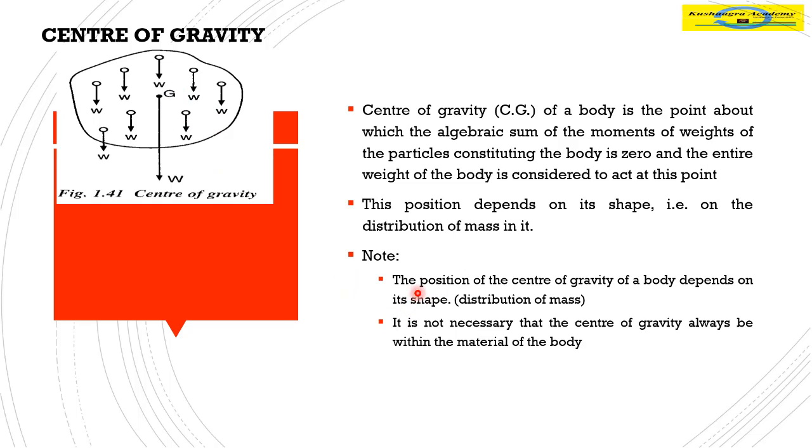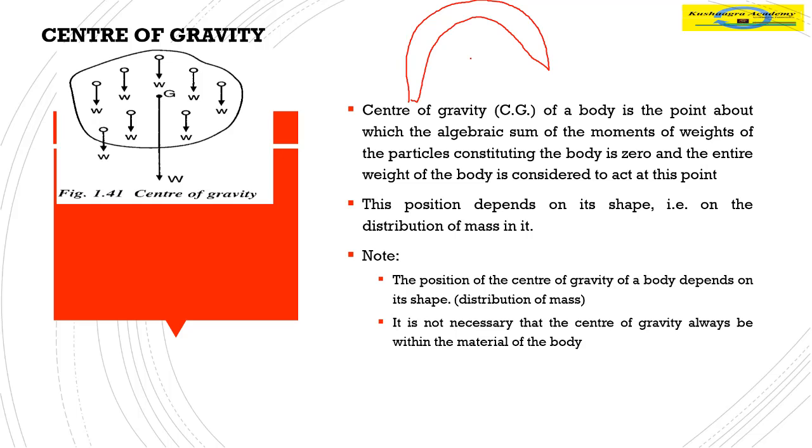Important point to note here is the position of the center of gravity of the body depends on its shape or distribution of mass, and it is not always necessary that the center of gravity will lie within the material of the body. For example, let's consider a shape, suppose, which is like this.